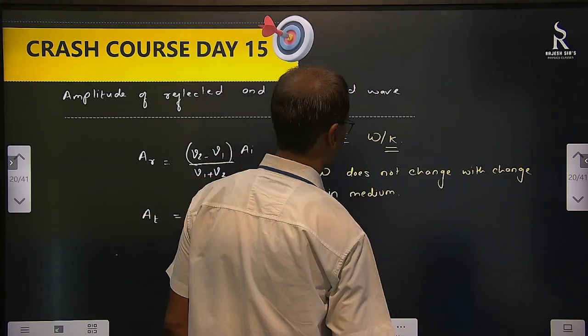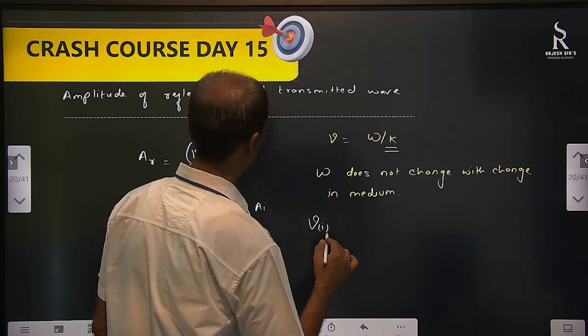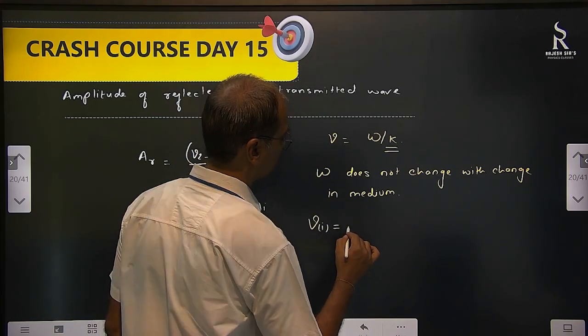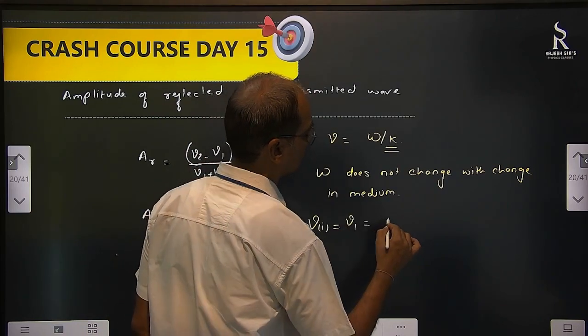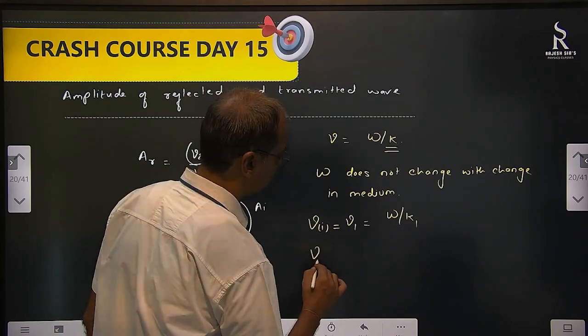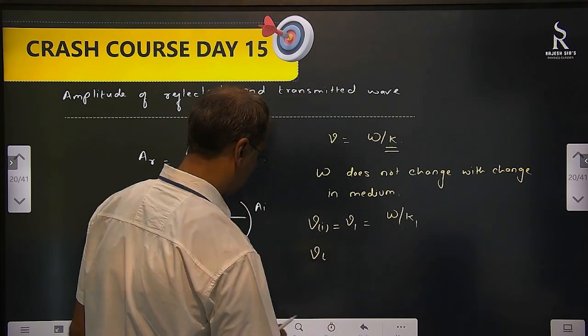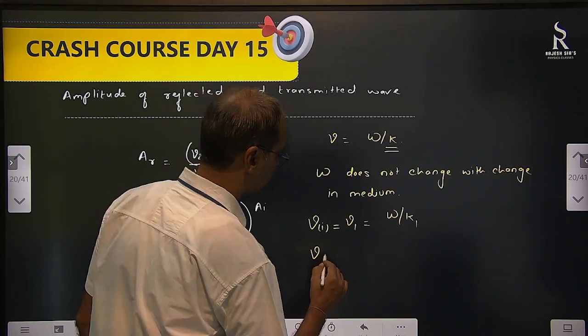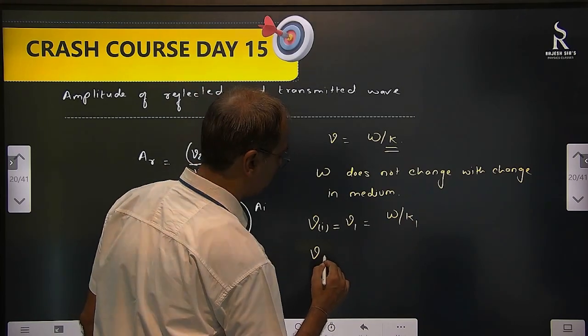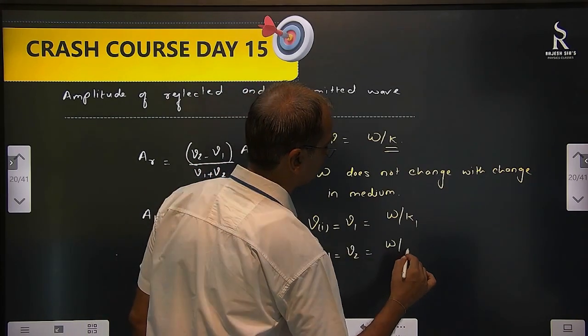So the velocity of the incident wave, Vi, which we are writing as V1 here, is omega by k1. And the velocity of the transmitted one, V2 we'll write, is omega by k2.